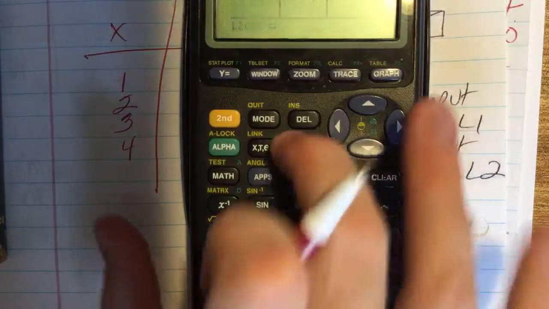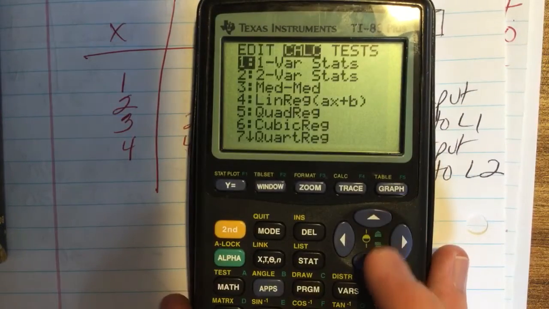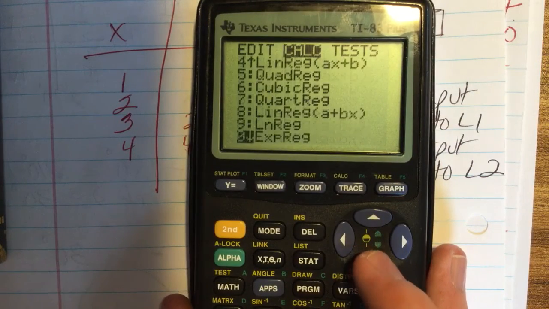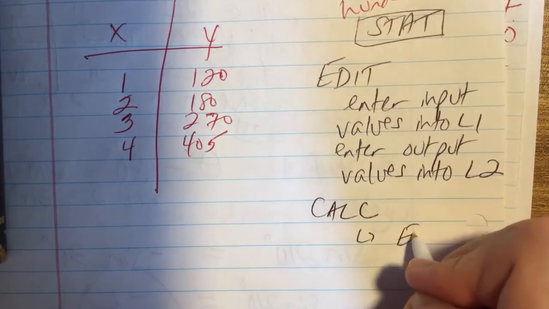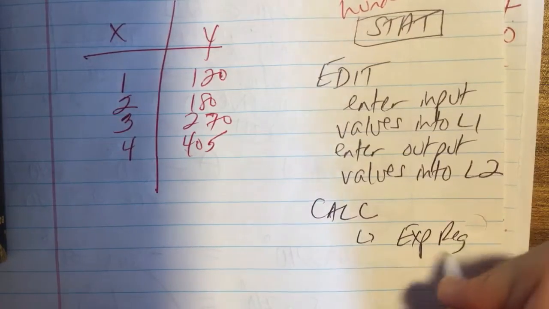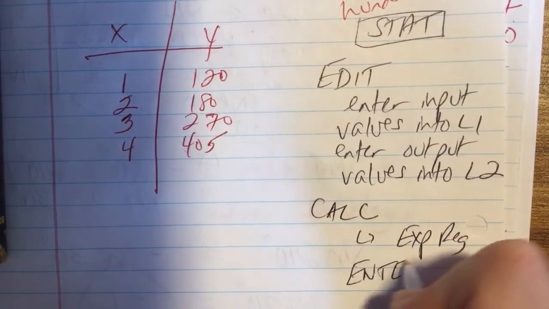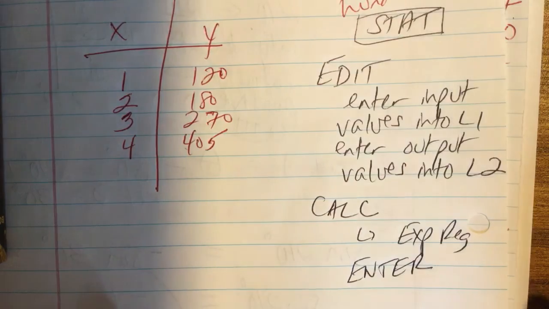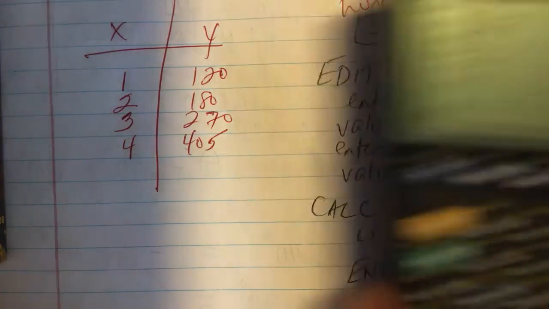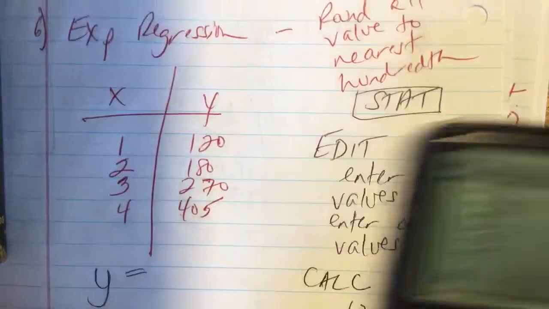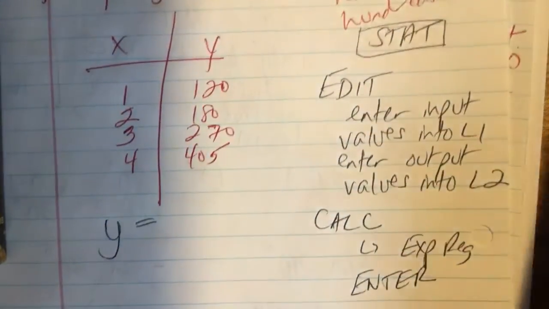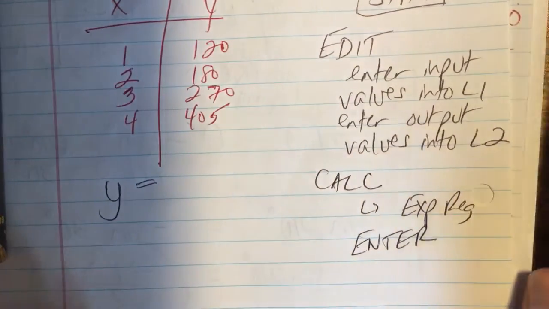Hit stat again, go over to calc, and then you're going to scroll down until you see exp regression. So we're going to scroll down to that option and then hit enter. And that's going to bring up your values. And round, however they ask you. In this particular question it says nearest hundredth, so if needed, you would round to that.